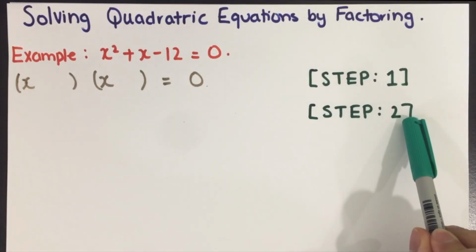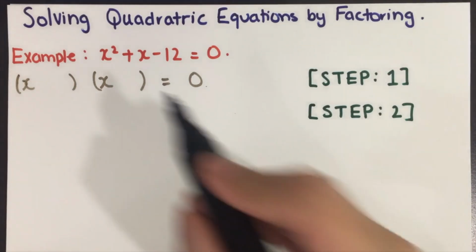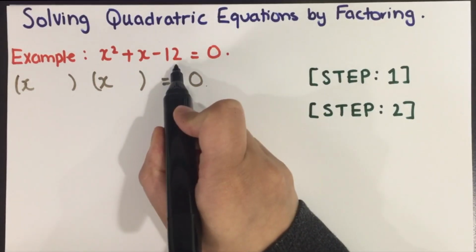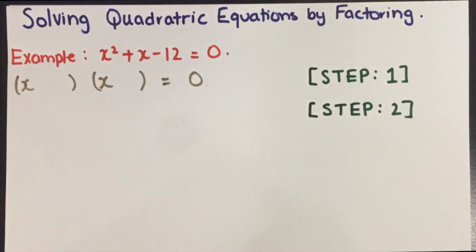Now step 2 is where it gets a little harder. In step 2, what you need to do is find two numbers that multiply to give you negative 12, your last term, and add to give you your second term, which is 1.